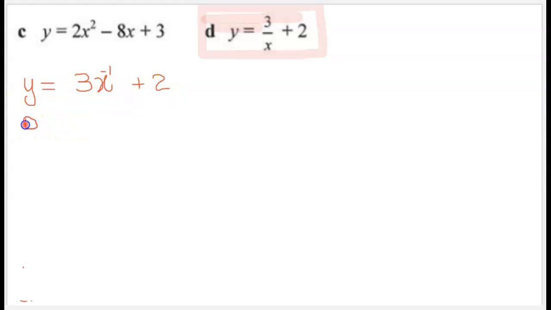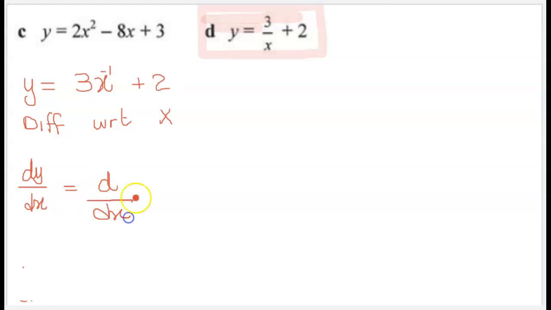Now I will differentiate with respect to x. So dy over dx equals d over dx of 3x to the minus 1 plus 2.